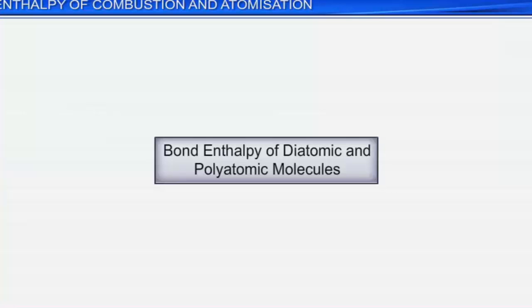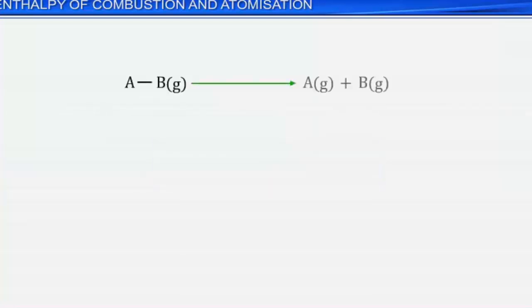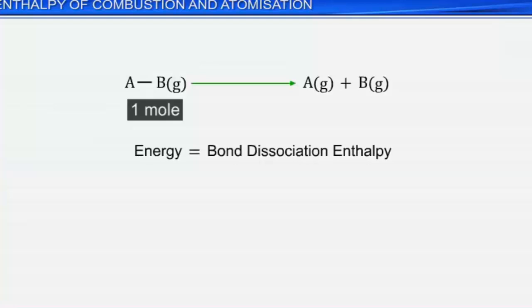In case of diatomic molecules, bond dissociation enthalpy is the change in enthalpy when 1 mole of covalent bonds of a gaseous covalent compound is broken to form products in the gas phase. For example, 435.5 kilojoules per mole of energy is required to dissociate 1 mole of hydrogen gas into hydrogen atoms.